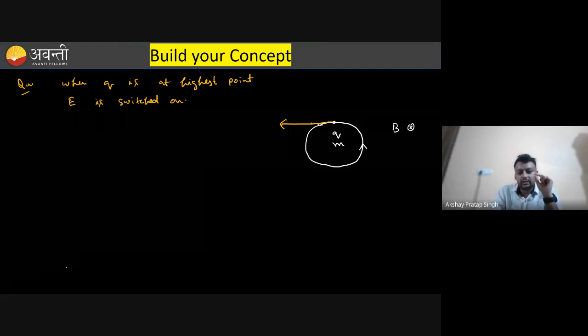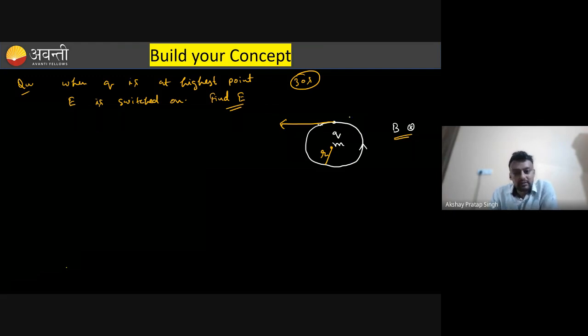Your task is to calculate, find E, and the radius of the circular path is R. This is given. First of all, tell me whether question is clear to you. Particle was initially moving in a circular path of radius R. It has some charge Q. Particle was initially moving in a circular path in the presence of a magnetic field B. Clear?